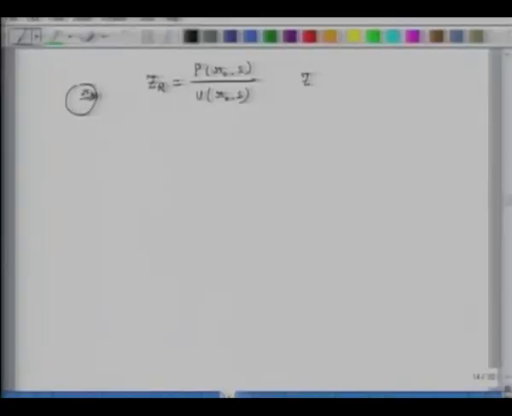So my Z_RA, which is the acoustic impedance, is essentially Z_R over area. So that is P(R0, s) over U(R0, s) times 1 over area.